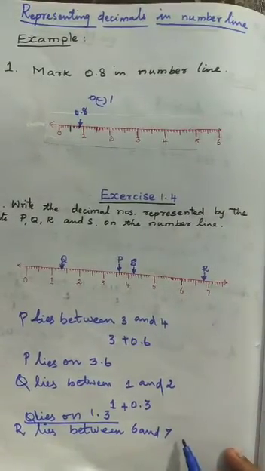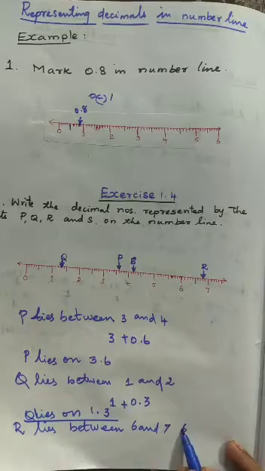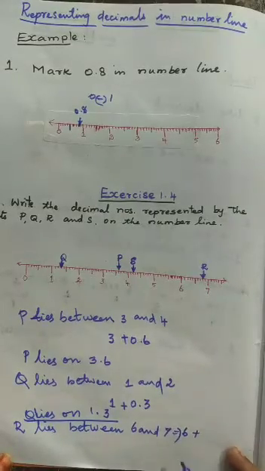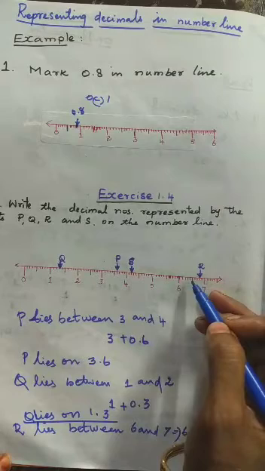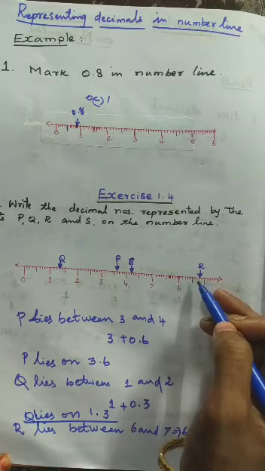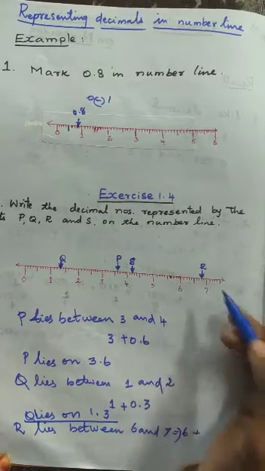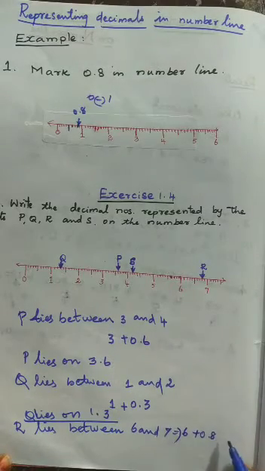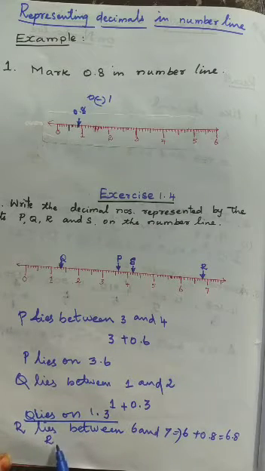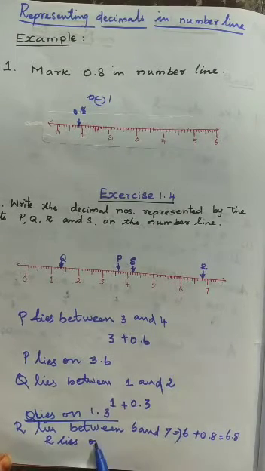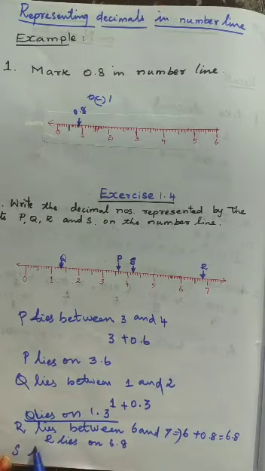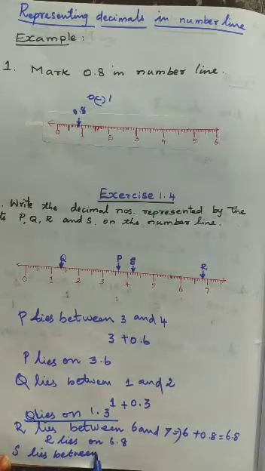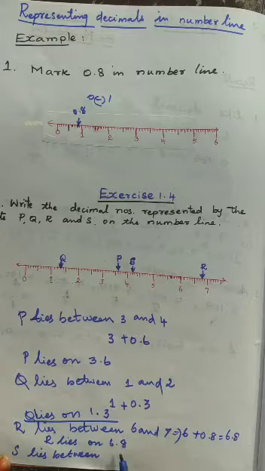So 6 plus, counting 5, 6, 7 and 8, 0.8. So R lies on 6.8. Then S lies between 4 and 5.